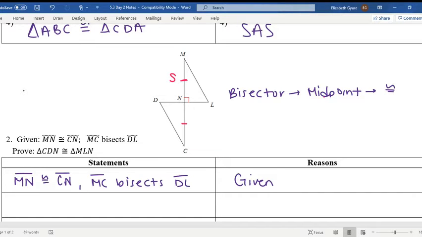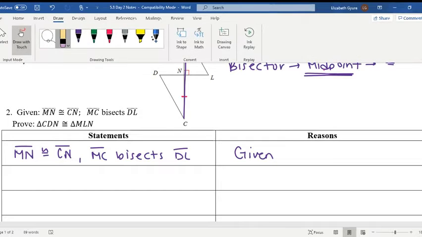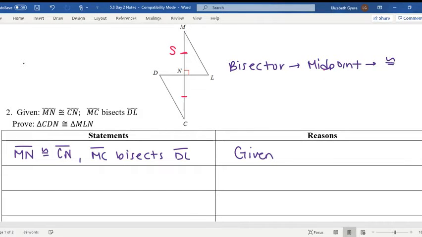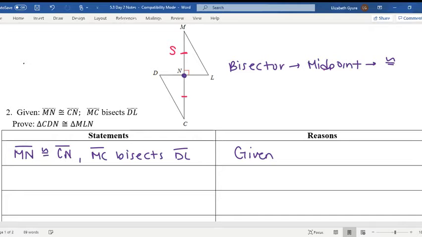So if MC is bisecting, we know we have a midpoint. What letter or what point would be our midpoint? N. Yeah, so that's what we can say then. So we'll be able to say that N is a midpoint. I'm not going to write it down yet. We're just looking at our picture. So N is a midpoint.